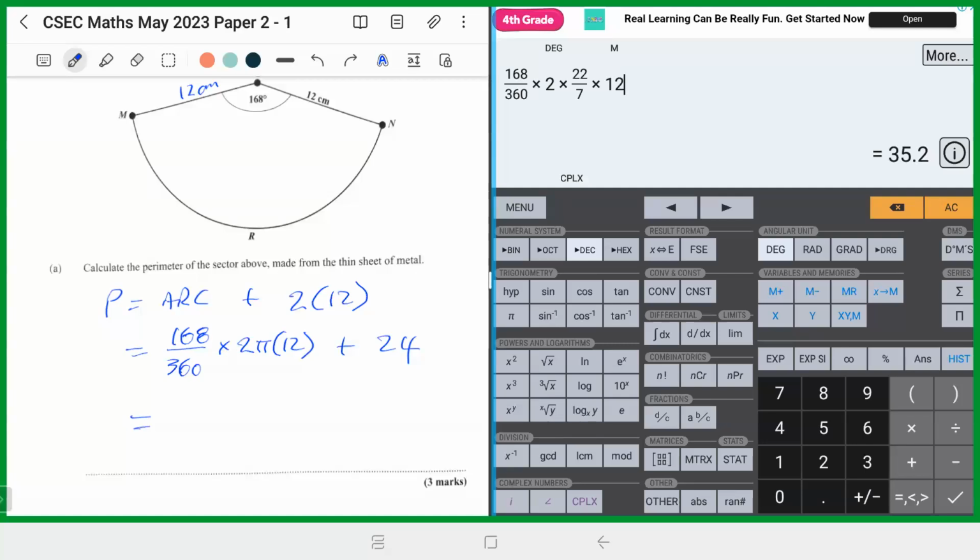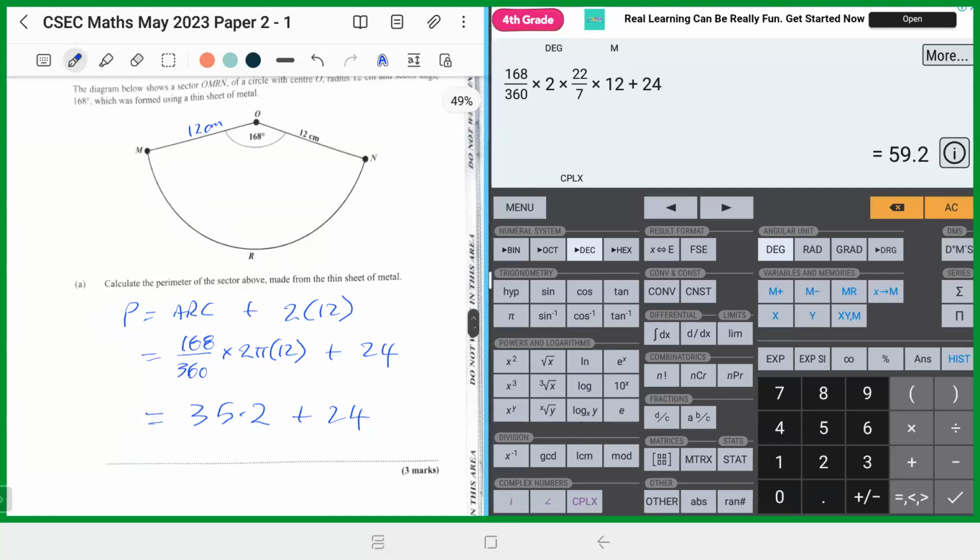We have 35.2, and then we complete that by adding 24. We have 59.2.